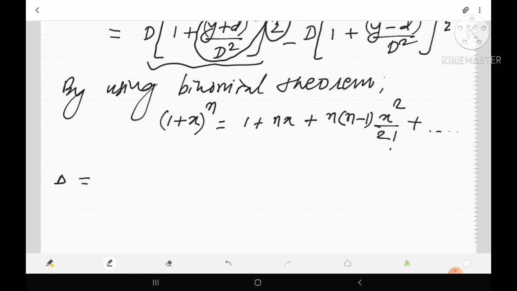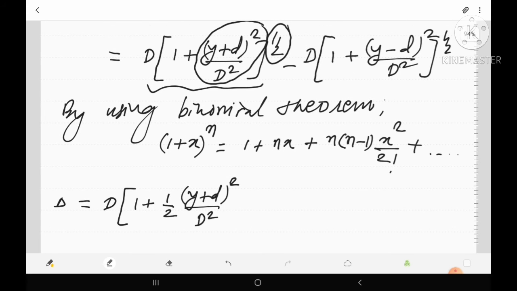So let us apply this formula here. Then delta is equal to d times the bracket 1 plus n, n means 1 by 2, x means y plus d whole square upon capital D square, because here y plus d upon capital D is small enough.